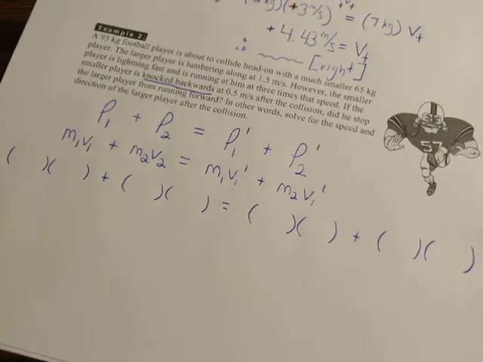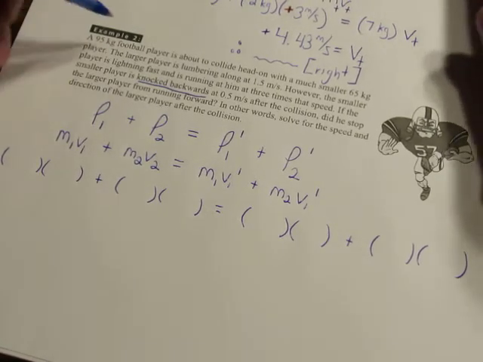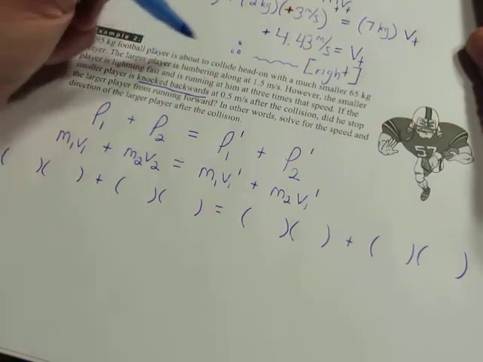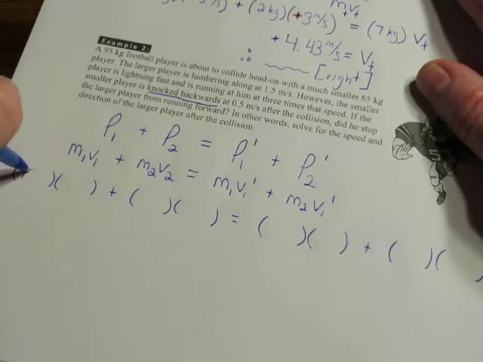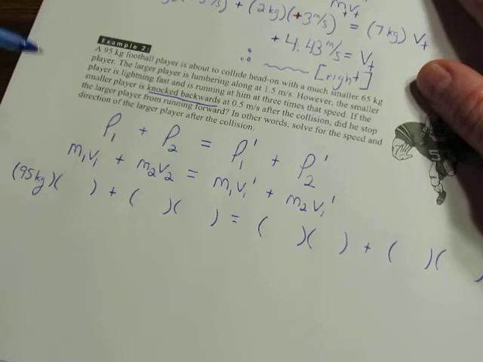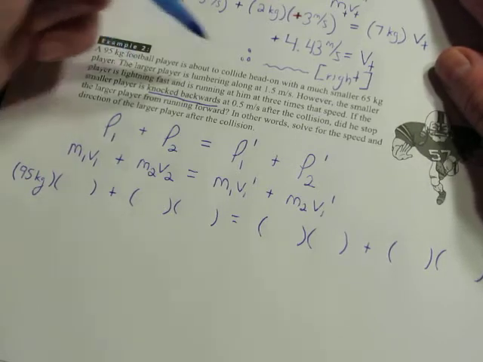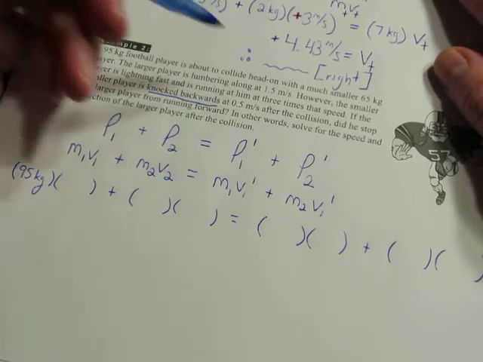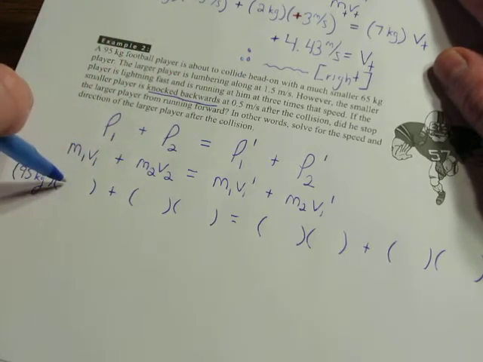Each one of the speeds I want to have a sign on it though. So let's very carefully read what happens here. A 95 kilogram player, we'll call that mass 1, is running at 1.5 meters a second. It doesn't say left or right, but you've got to choose something. And this is the very first object and the very first speed. So I'm going to call that forward, and I'm just going to use a plus.